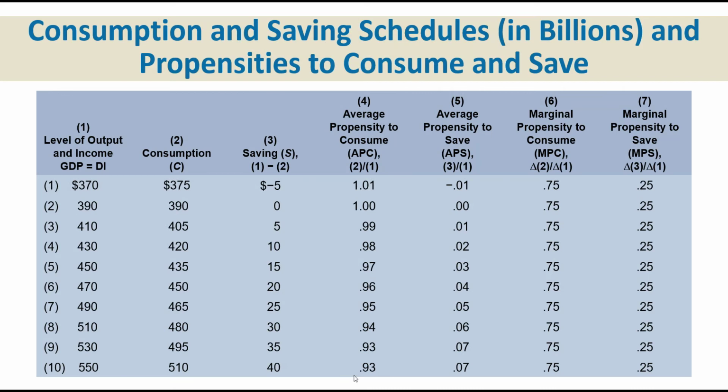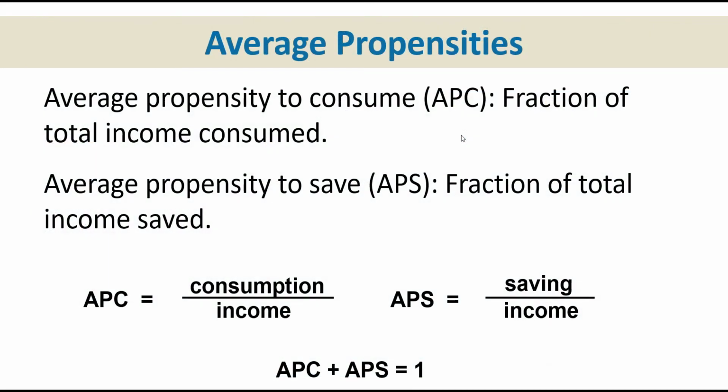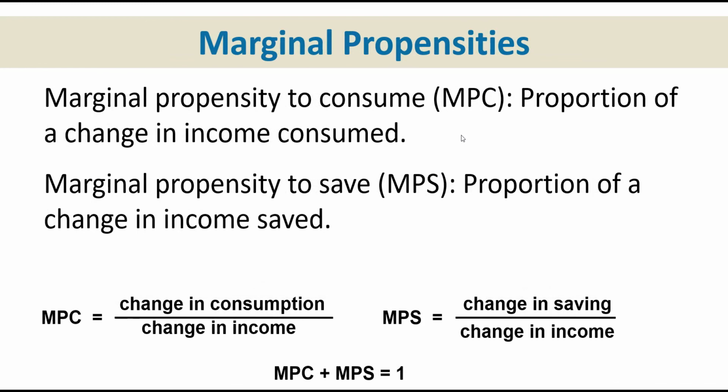That's pretty important because once you get the APC, these two things put together, APC and APS, will be equal to 1. You got it? So once you get these numbers, you know what number do I add to it so that when I add column 4 and 5, they're equal to 1. That's the APC and the APS.